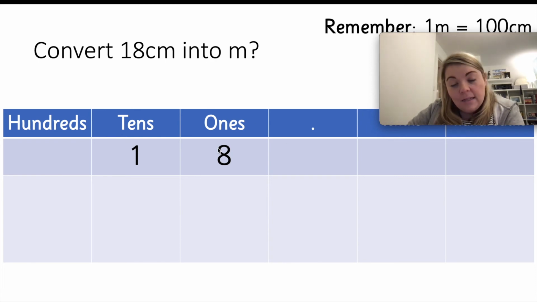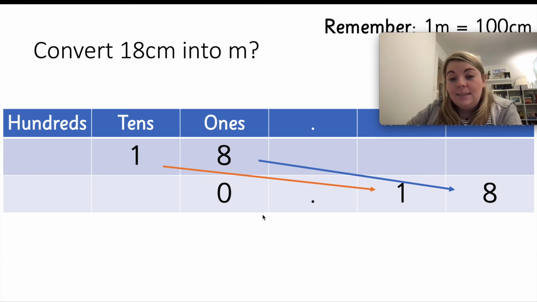My 8 moves not to my tenths, but to my hundredths. So 18 centimetres becomes 0.18 metres. So my 1 has moved from my tens all the way to my tenths, and my 8 in my ones column has moved all the way to my hundredths column.